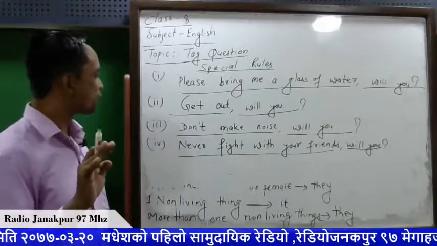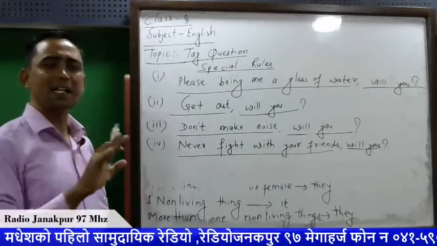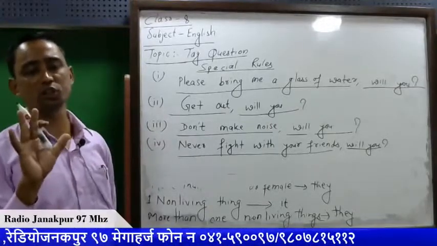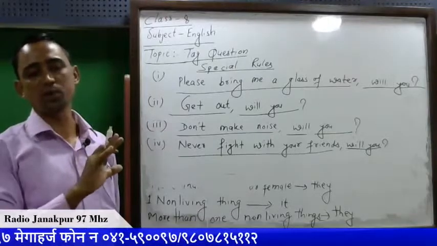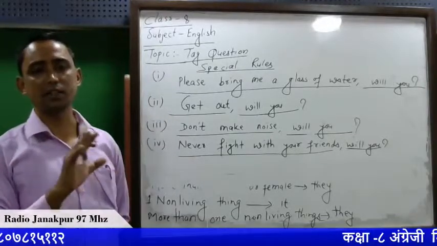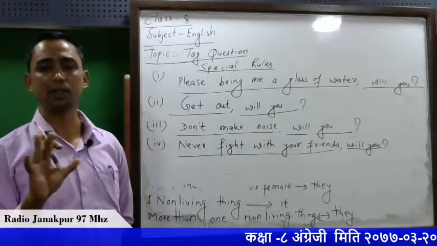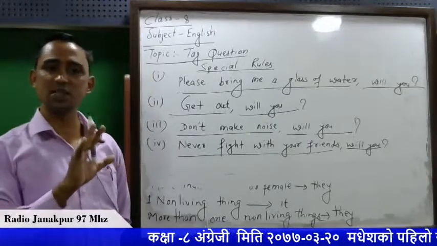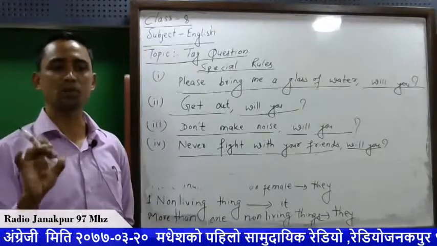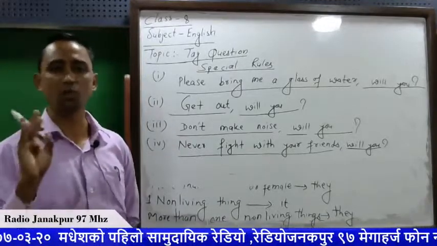Now if there are auxiliary verbs in the question tag, there are 24 auxiliary verbs I have taught you. If there are auxiliary verbs in the statements, the same verbs are repeated in the tags, and if there is no auxiliary verb, there must be V1 or V2 or V5.